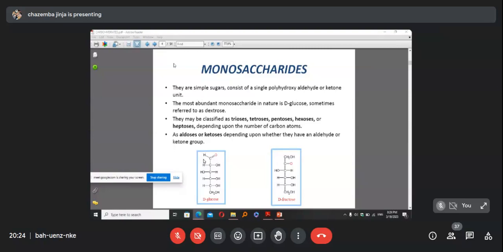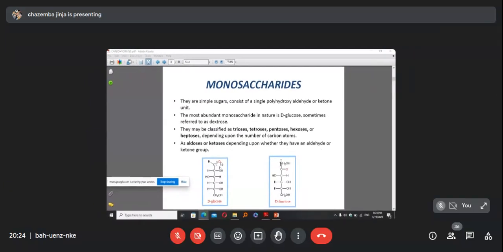You'll come across this in more detail when you look at it in your organic chemistry. Then the other functional group on the other side is a ketone group. When you have a C double bond and this classification you can give to monosaccharides as either aldehydes or ketones, and based on the number of carbon atoms in the chain. And look at this one here, it's got 1, 2, 3, 4, 5, 6.